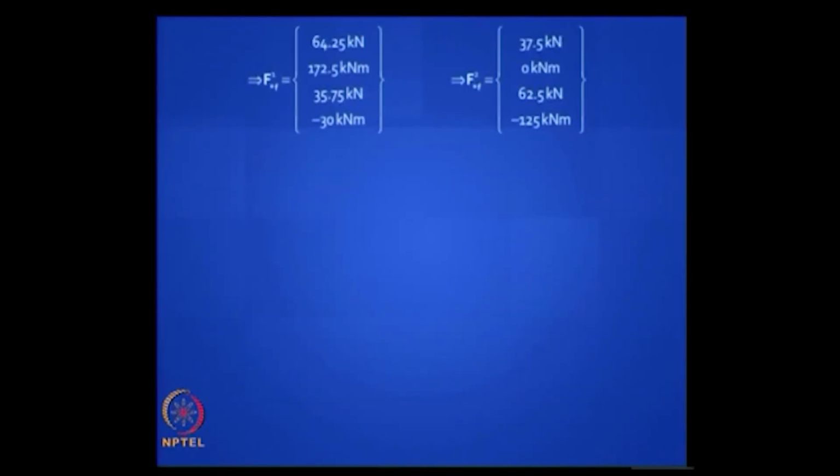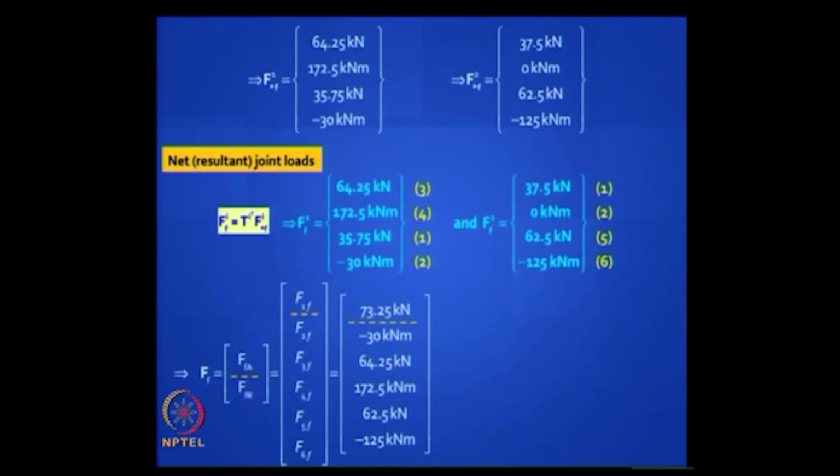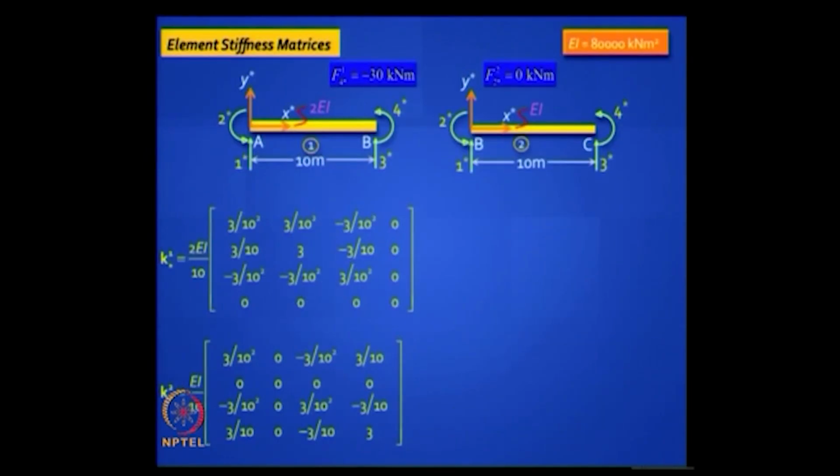Write them down in vector form, then you do the transformation, put the linking coordinates, assemble them together. Now you have only one active degree of freedom, so F1F, and then find the resultant force vector, and this is what you have done really. That resultant force is a force acting at that location. Is it clear? With an imaginary clamp.